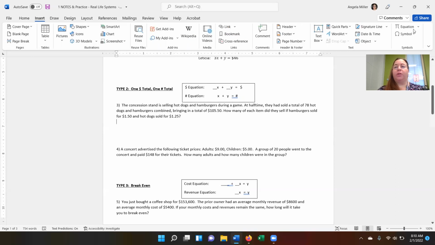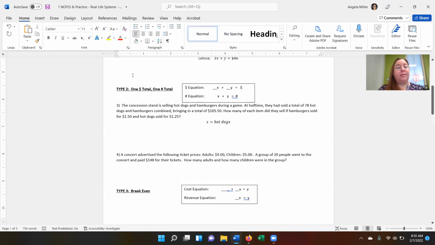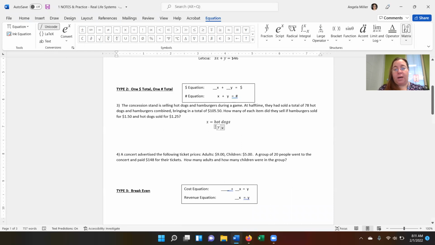So let's do that first. So what are we going to make x? I would say just reading from the start, it has hot dogs and then hamburgers. So I would say hot dogs is x. And I would say hamburgers is y. So y equals hamburgers.